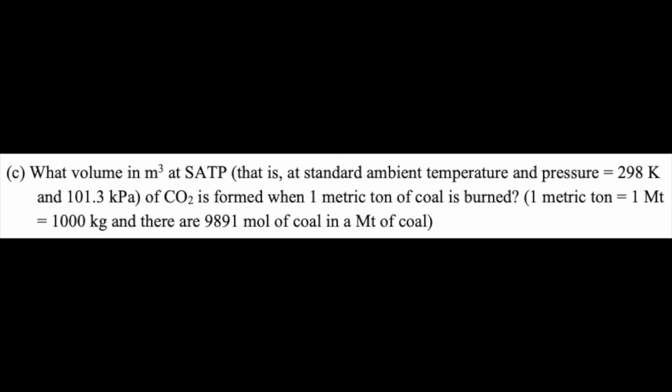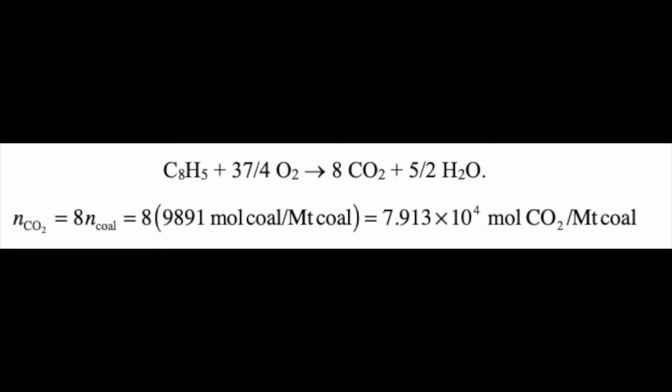Next, let's calculate the volume in cubic meters of CO2 that's formed when we burn 1 metric ton of coal. To find the volume, we use the number of moles of coal per ton of coal and the reaction stoichiometry to find the number of moles of CO2 produced. Then we'll use the ideal gas law to get the volume.